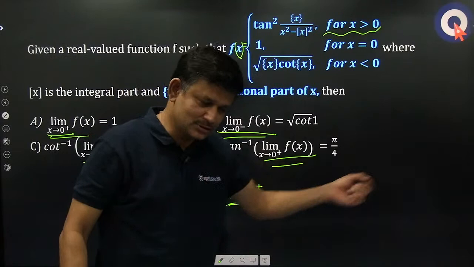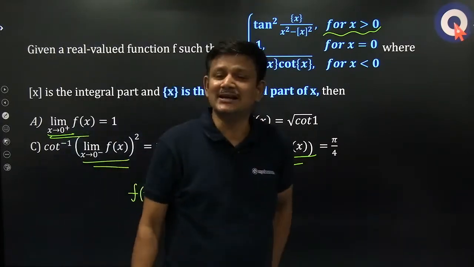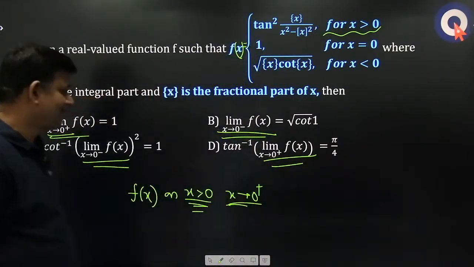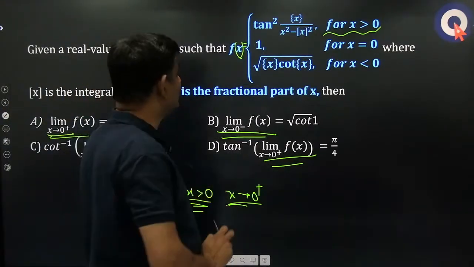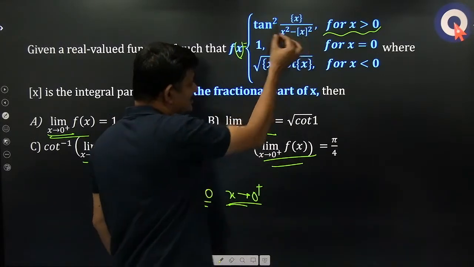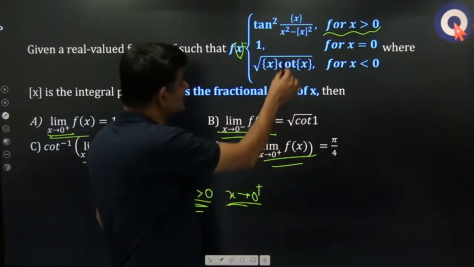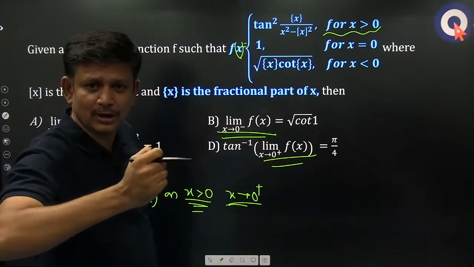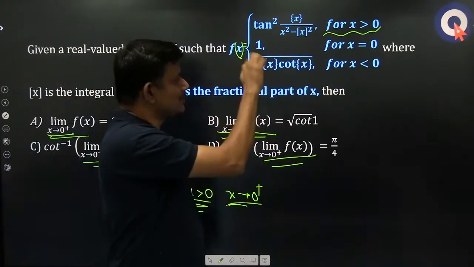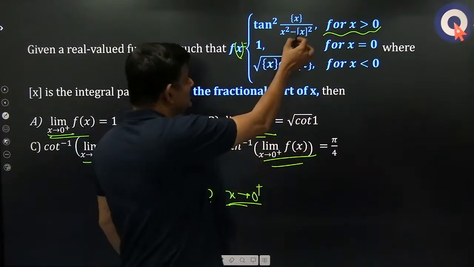Slightly or very much, whatever, x is greater than 0, so it falls into the first case. In the first case, x is slightly greater than 0. So what is the integral part of x? 0. Any number slightly greater than 0, like 0.1, its integral part will be 0. So this number is 0.